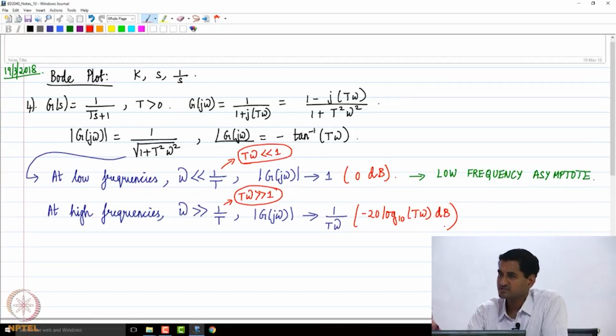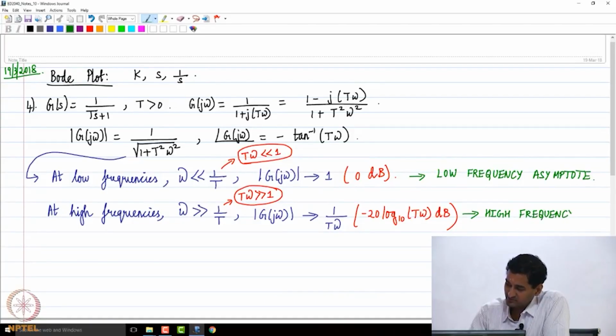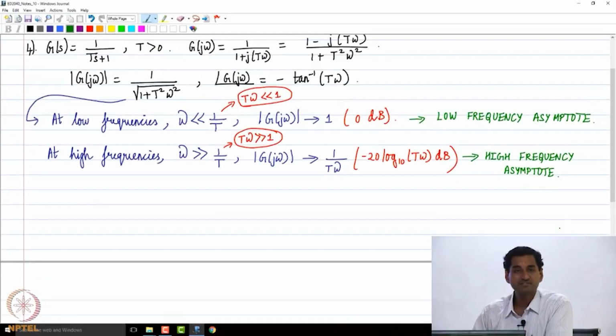That's how you get this measure. So this is the value to which the magnitude will tend at high frequencies. That's why it's called a high frequency asymptote, okay? So I hope it's clear what the low frequency and high frequency asymptotes are.